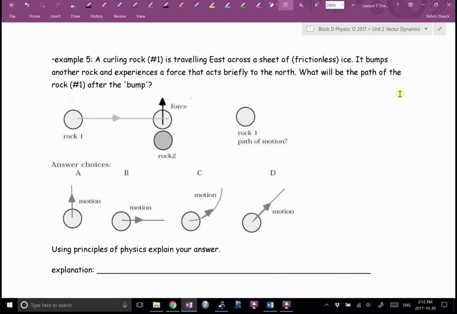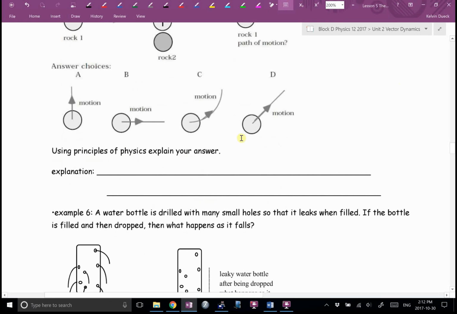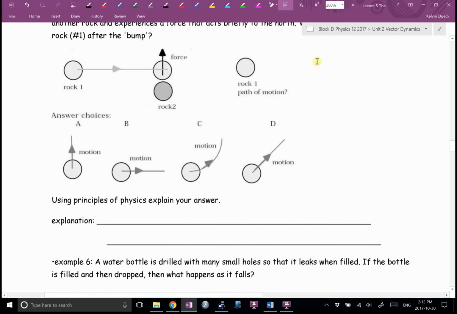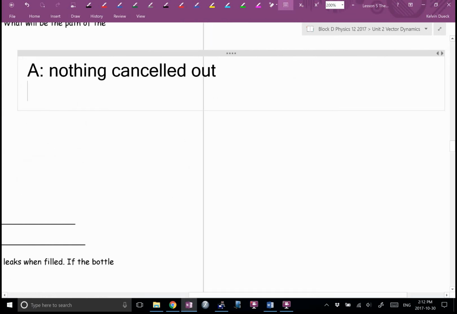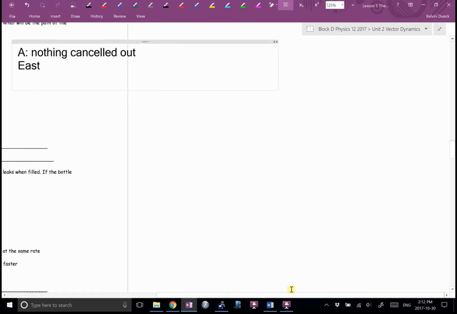Why must A be wrong? Okay. Nothing canceled out east. So A must be wrong. Let me just shrink this down a bit so I can get this all on one page.